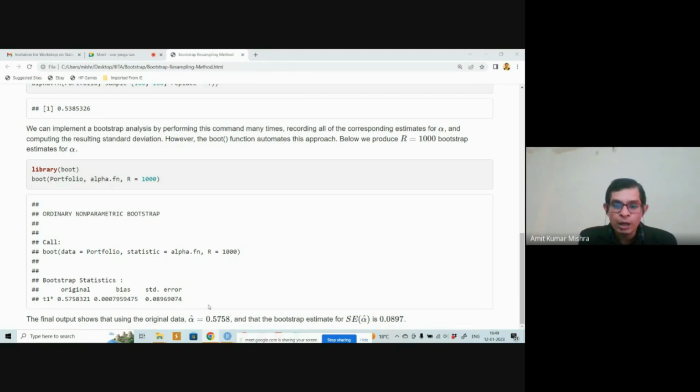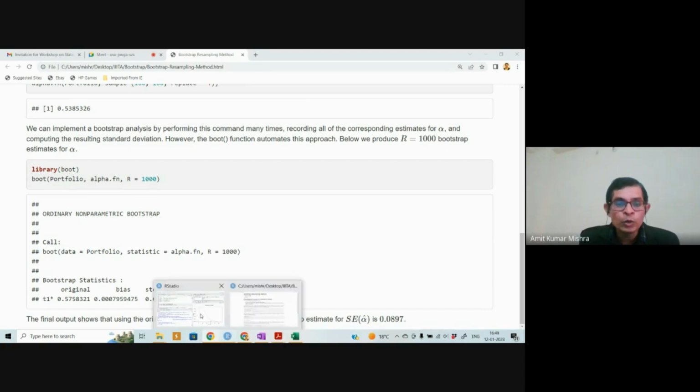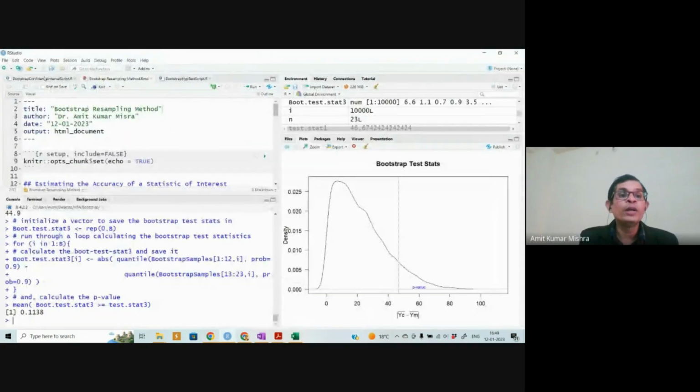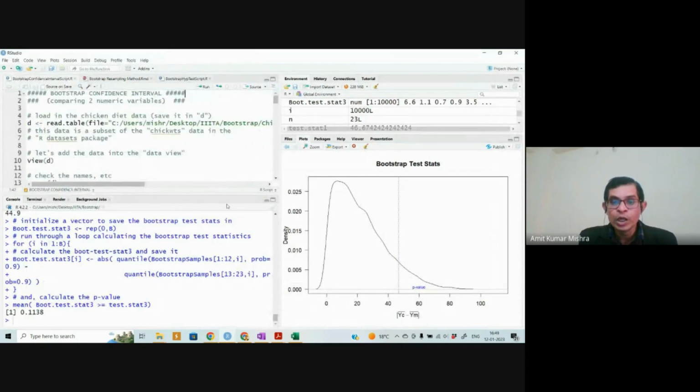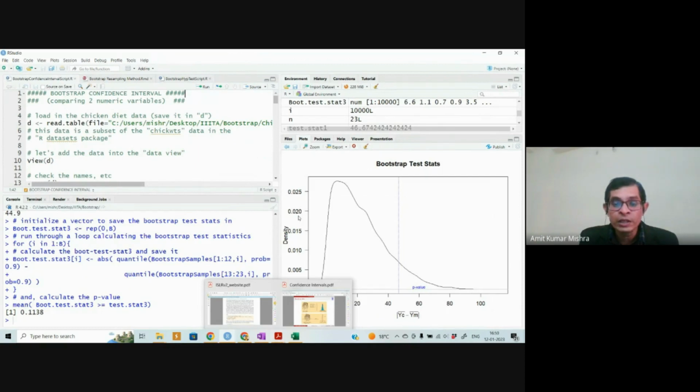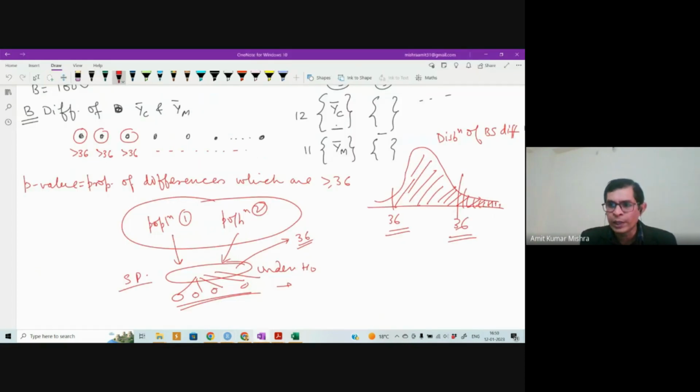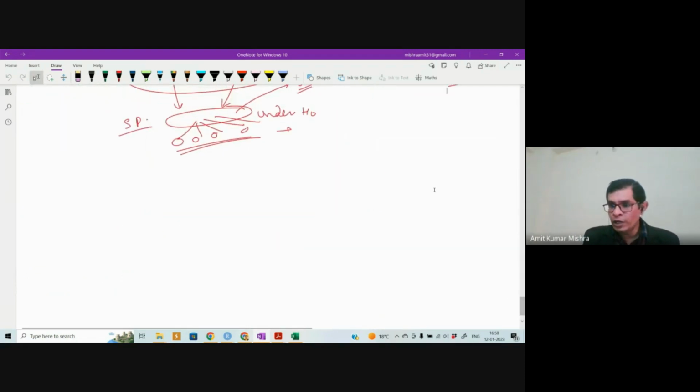Okay. Now I think I have some time, so I want to show you how to perform confidence interval also. First I will show you how to perform confidence interval in theory, very quickly, so that you can understand the idea. See what we are doing actually.